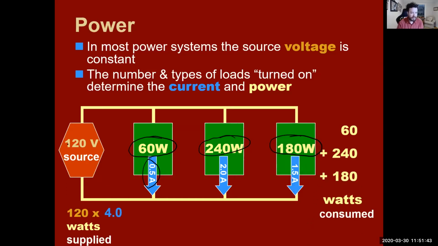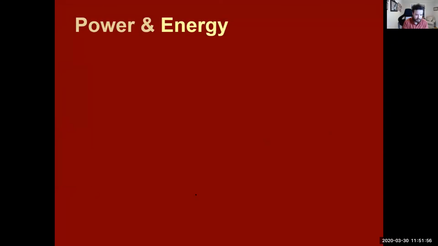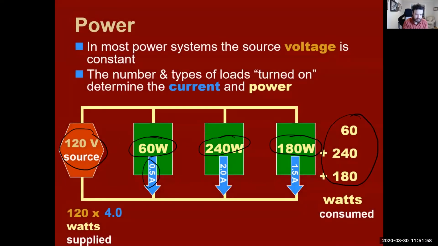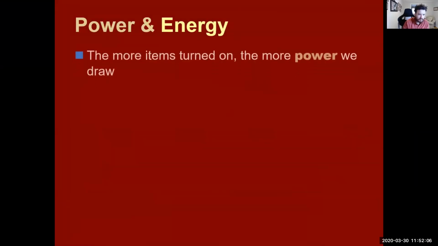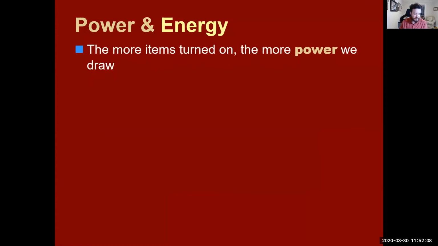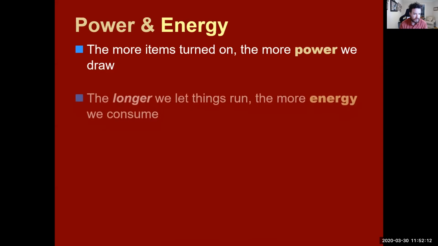So what we do here is we have a 120 volt source. We add up all of our watts, and then we add up all of our watts supplied. So the more items we turn on, the more power we draw.